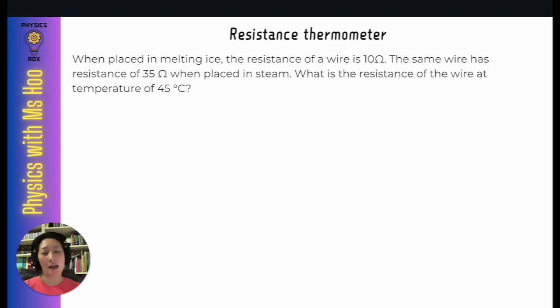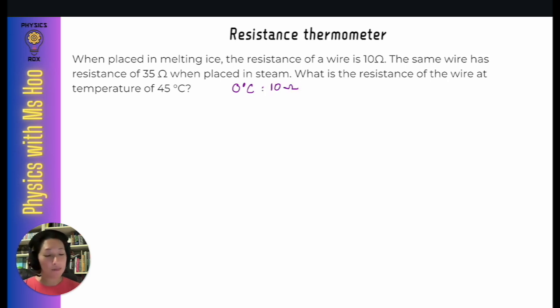So in this case, I won't be drawing out the skeleton of the mercury thermometer because that's weird, but I will write down the corresponding temperatures with the resistance. So that way we're able to see the values that we need to use accordingly. So we know that in melting ice, the resistance of the wire is 10 ohm. So I'm going to write here at 0 degrees Celsius, resistance is 10 ohm.